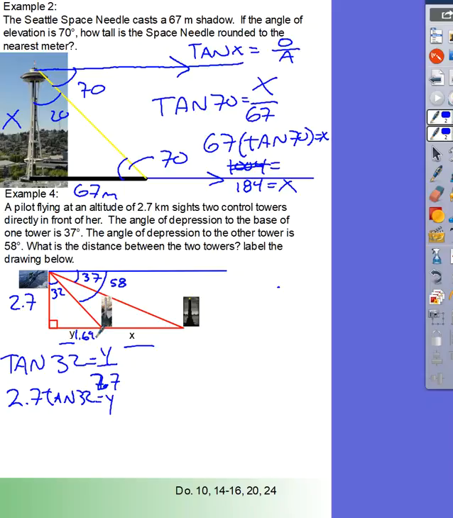Now, the trig functions are working with right angles, right? So now for our x value, we need to know this angle right here.